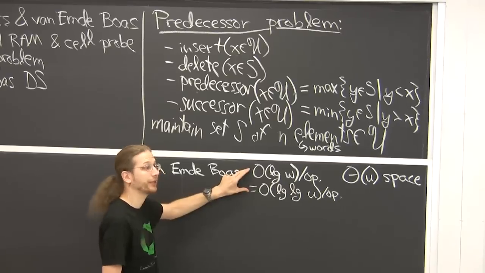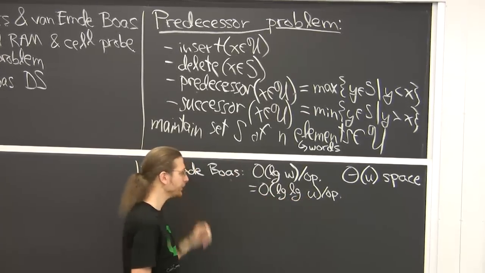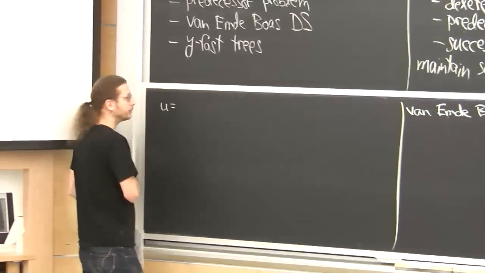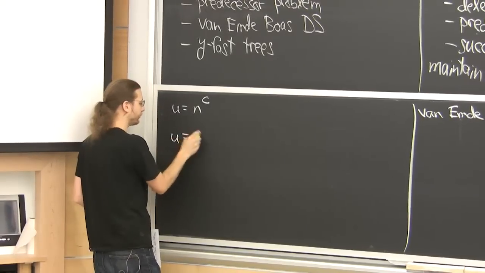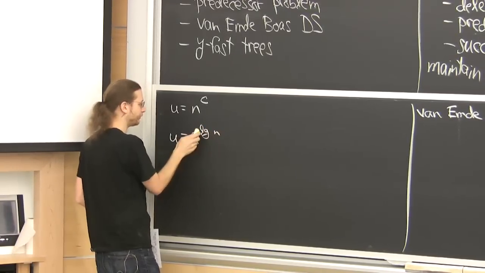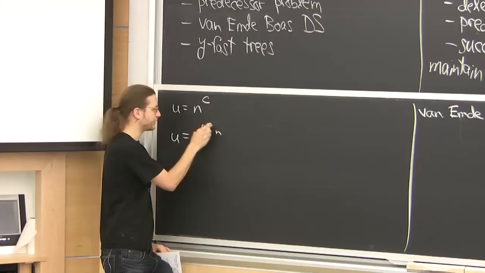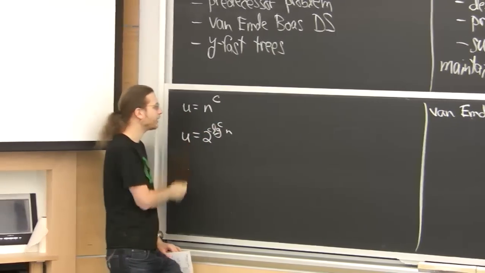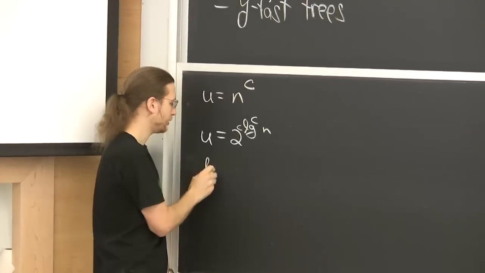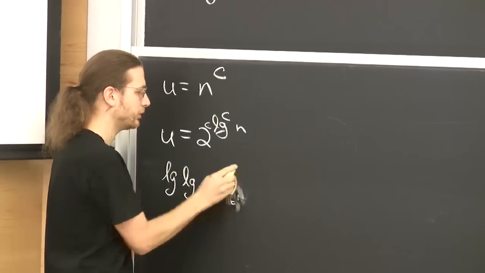But the cool thing is the running time. This is really fast: log u. If you think about, for example, the universe being polynomial in n, that's the same as 2 to the c log n. You can even go crazy and say log to the c power, like 2 to the log to the 5th power. For all those things, you take log twice, then log u becomes theta log n.